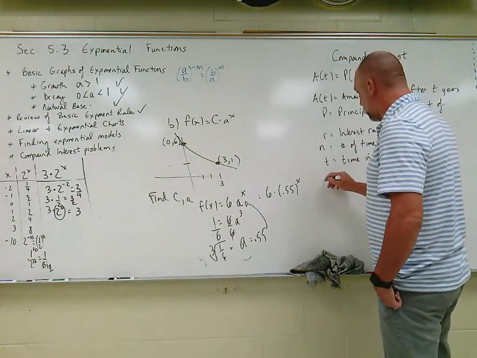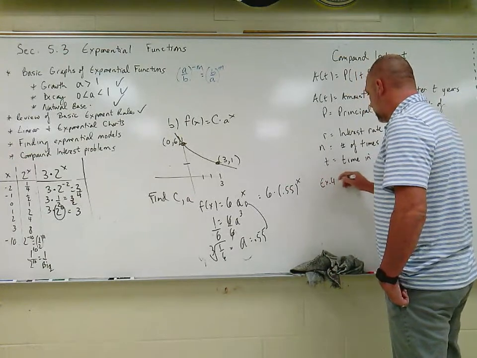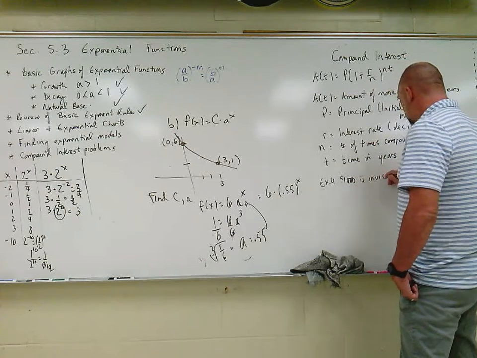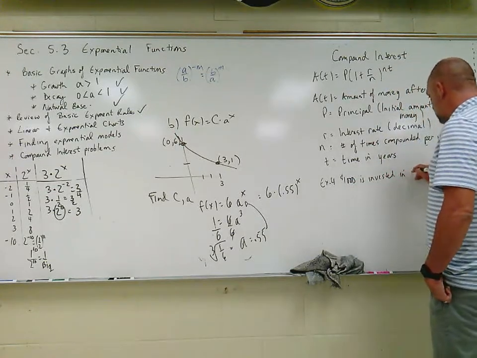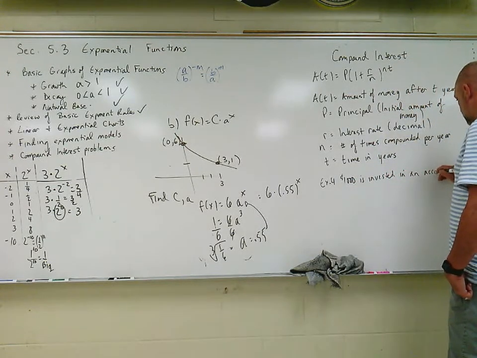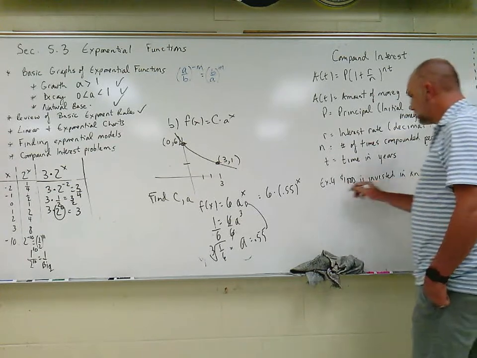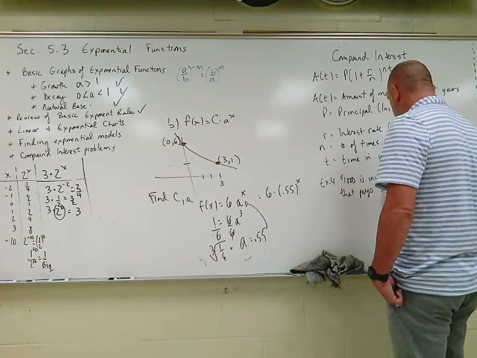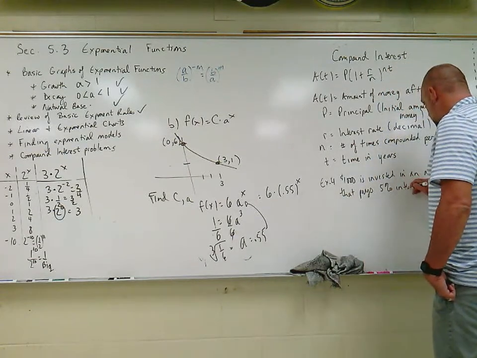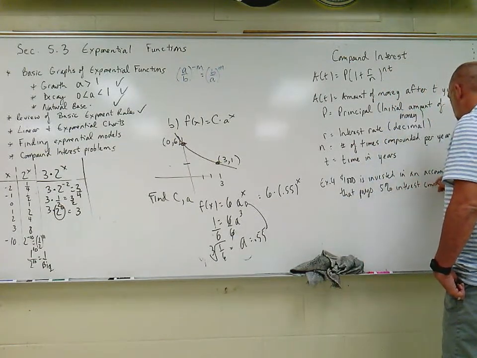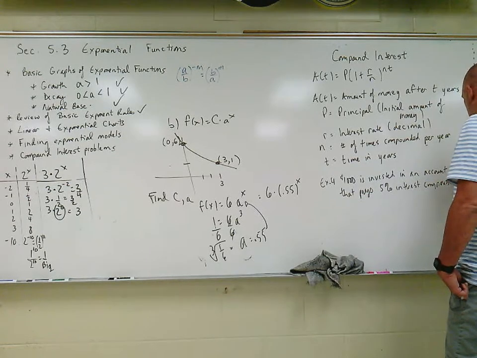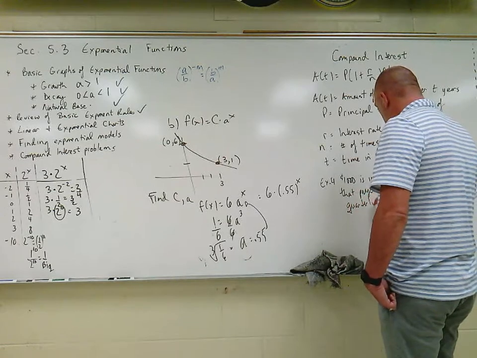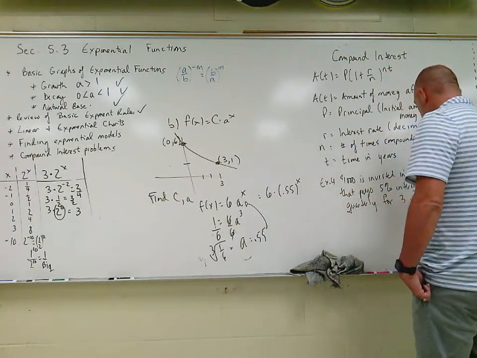So a typical problem would be, we'll call this example 4. $1,000 is invested in an account that pays 5% interest compounded quarterly for 3 years.